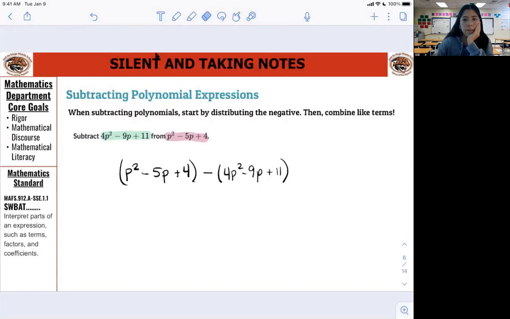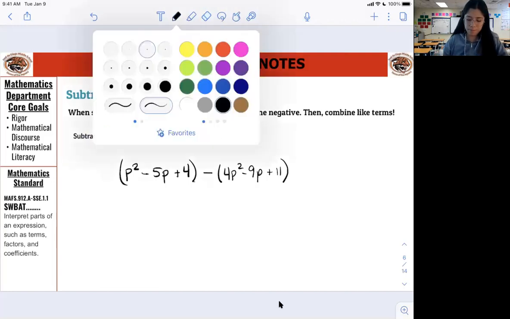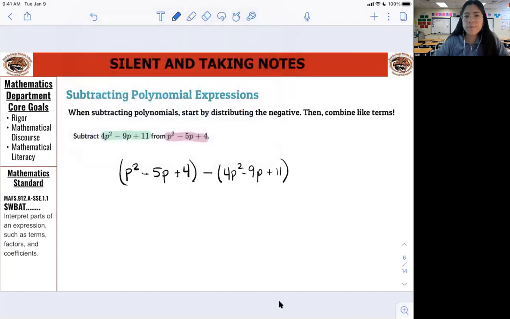All right, and 5, 4, 3, 2, and 1. All right, let's go through it together. What do I do first? Distribute the negative. Good. When I distribute the negative, what do I do to each sign?